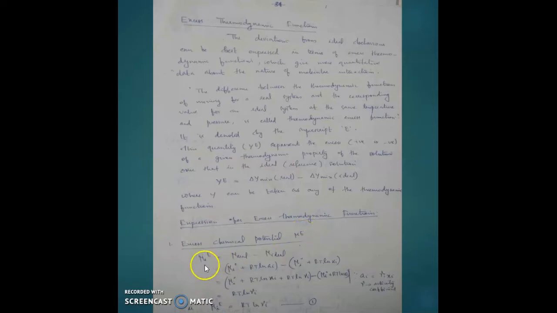So we can write this for the ith component: mu_i^E is equal to mu real minus mu ideal. For mu real we can write mu_i^0 plus RT ln a_i. Since it is a real system and we are expressing it in terms of concentration, we use the term activity here. For the ideal system we can write again mu_i^0 plus RT ln x_i. For an ideal system we can directly use the mole fraction term.